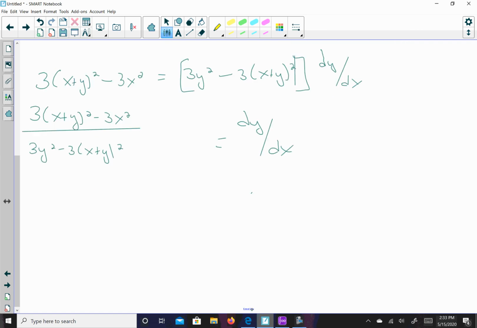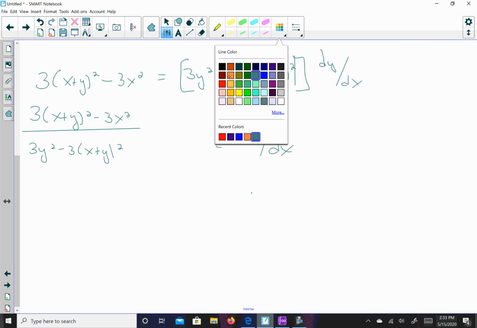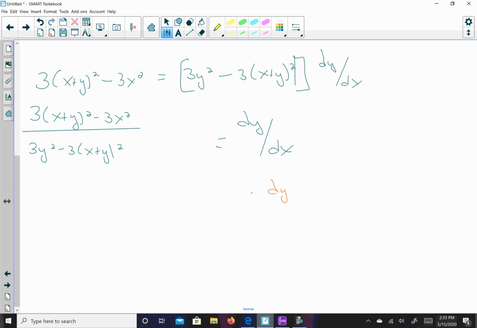So dy dx, x is equal to negative 1, so I can make this 3 times the quantity of negative 1 plus 1 squared minus 3 times negative 1 squared over 3 times 1 squared minus 3 times the quantity of negative 1 plus 1 squared.